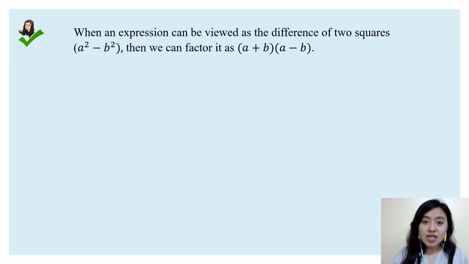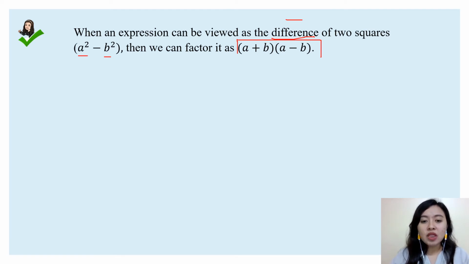Now that you know what is the square of a number, we can proceed with factoring polynomials using the difference of two squares technique. When an expression can be viewed as the difference, meaning it involves the operation subtraction, of two squares, let's say for example a squared minus b squared, then we can factor it as quantity a plus b times quantity a minus b.